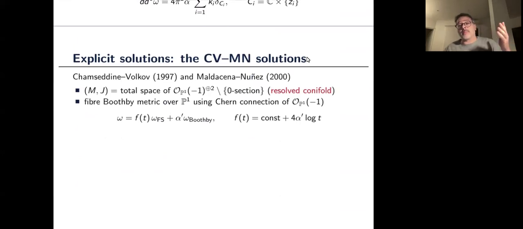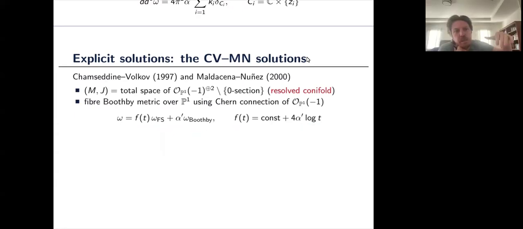I could try to cook up a solution that is a fibration where the fibers are the Boothby metric, the cylinder metric on C2 minus the origin, and then I have the Fubini-Study metric on the horizontal directions. And it turns out that this doesn't quite work. There's a correction to this, which is that you conformally rescale the Fubini-Study metric on P1 via a function that's basically a constant plus a logarithmic term.